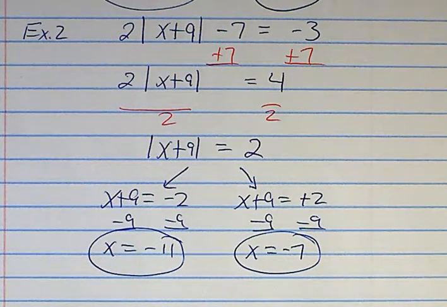Okay, I'm going to give you one more of those. And then there is one little trick question thing they might throw at you on some of these. And I'll show you that first. And then we've got to look at the inequality part.